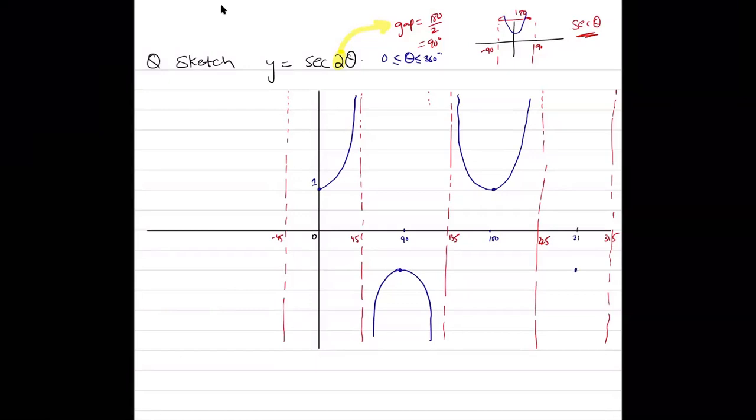This is going to be completed. But this part is going to stop somewhere here because we would just want to draw it till 360 degrees. Is it okay? Yes.